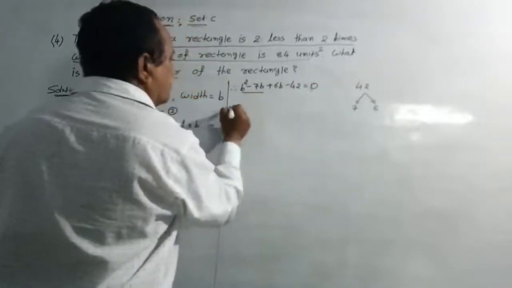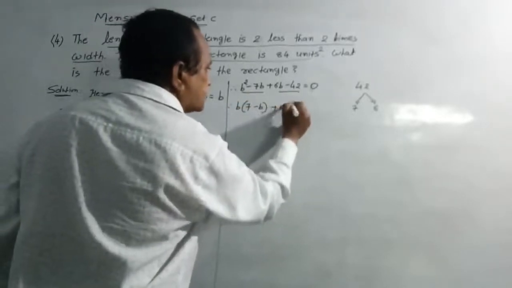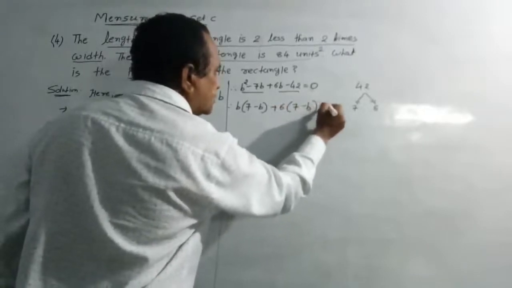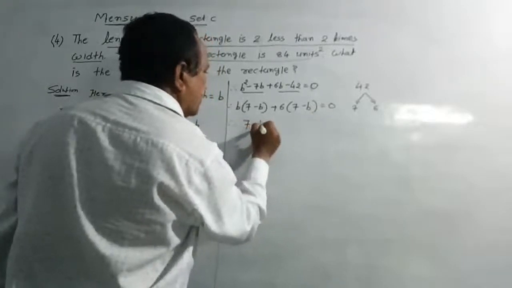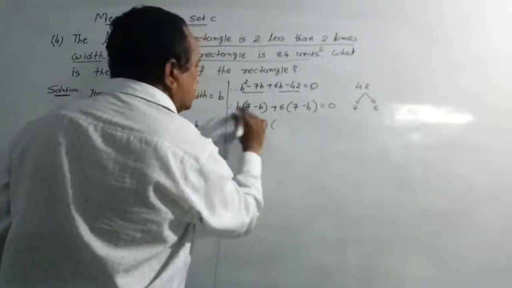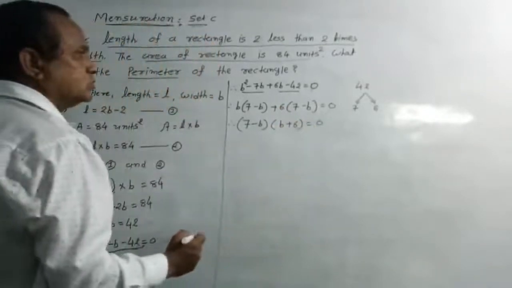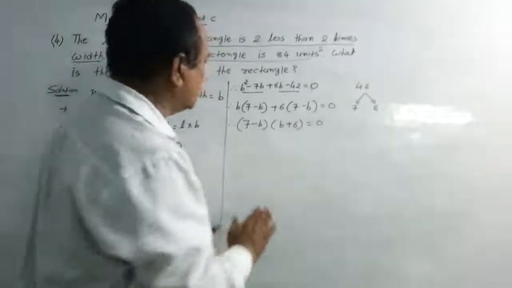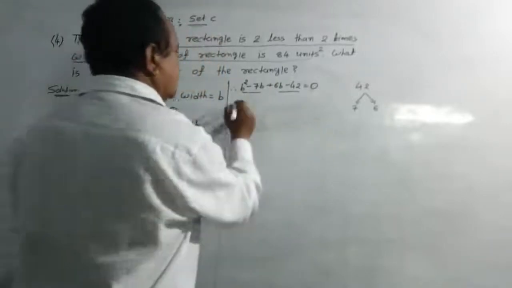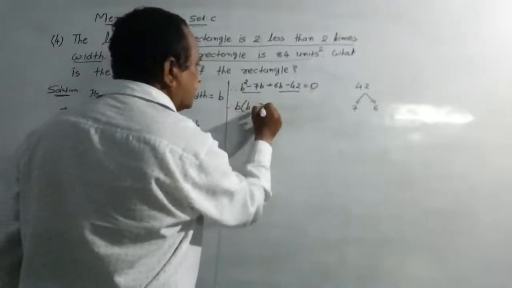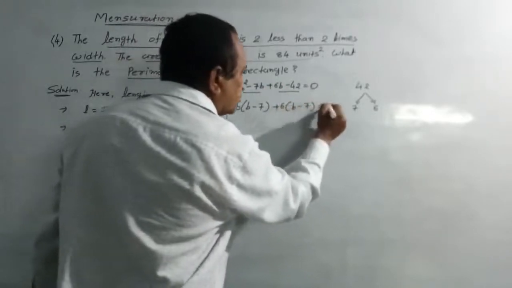Now B is common: B minus 7, plus 6 common: B minus 7 is equal to 0.